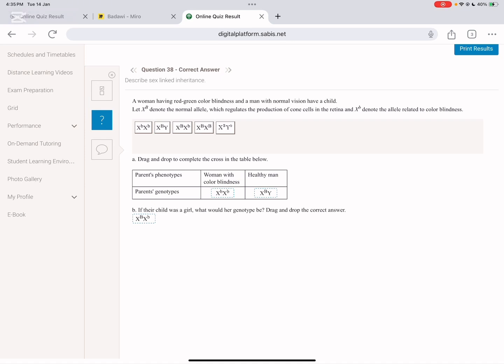If their child was a girl, what would her genotype be? Since she's a girl, she's gonna get the X from her father, which is a capital B, so X capital B, and she will get another X from her mom, and the mom can only give X lowercase b, so this is going to be the genotype of their daughter.